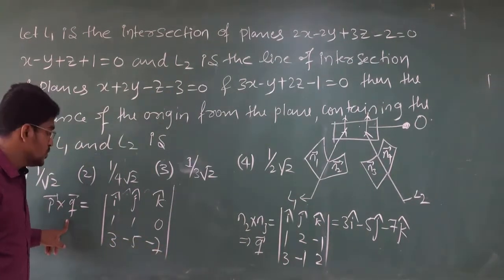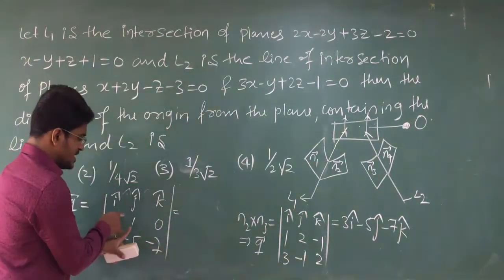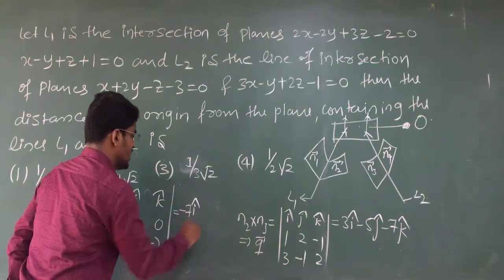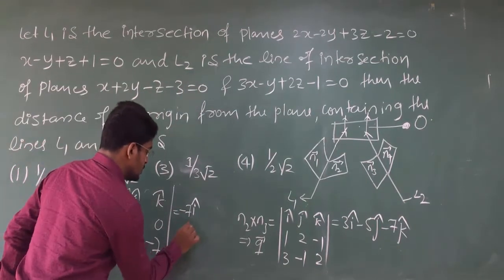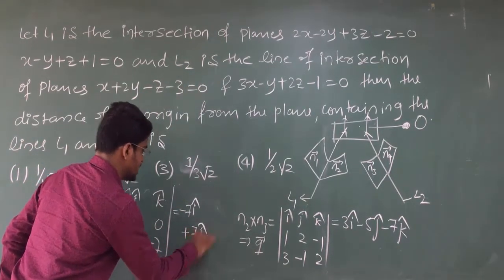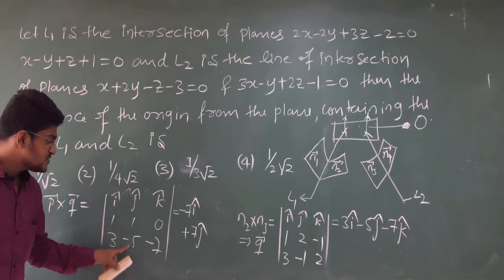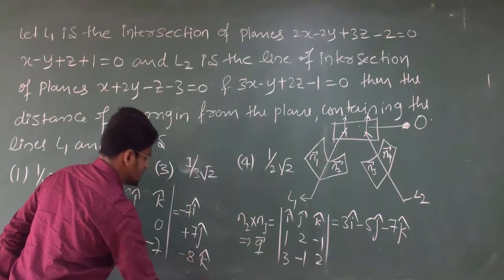Simplify P cross Q. You are going to get the normal vector to the plane. So that will be −7 i cap, minus 7 (0 + 7) j cap. Next, −5 − 3 = −8 k cap.